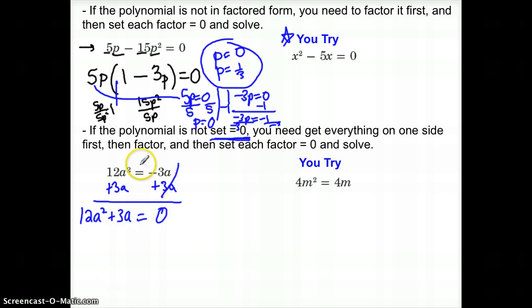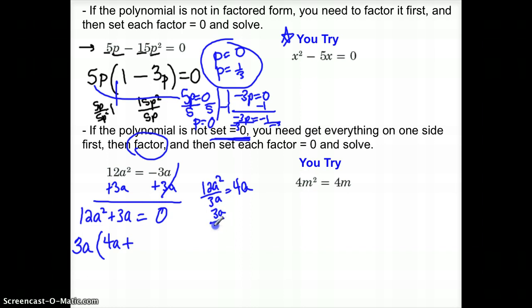Now what do we do? Factor. What factor goes into both 12a squared and 3a? Let's see, a 3 goes into both, and then a squared and a, we can take an a out. Alright, so 12a squared divided by 3a, 12 divided by 3 is 4, a squared over a is a, so 4a.